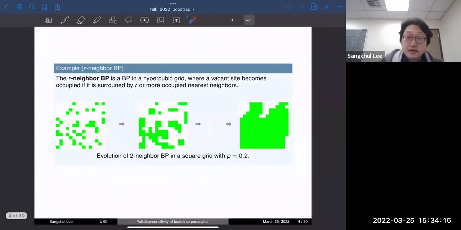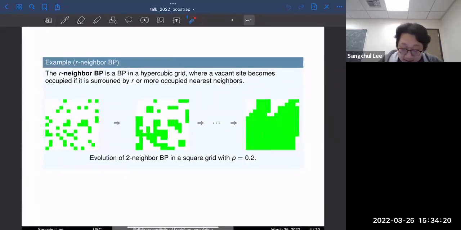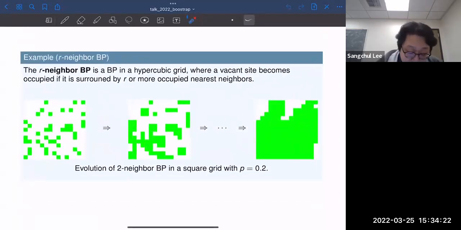Let me first examine some examples. One basic example of bootstrap percolation is the r-neighbor bootstrap percolation, which is bootstrap percolation in the hypercubic grid, where a vacant site becomes occupied if it is surrounded by r or more occupied nearest neighbors.